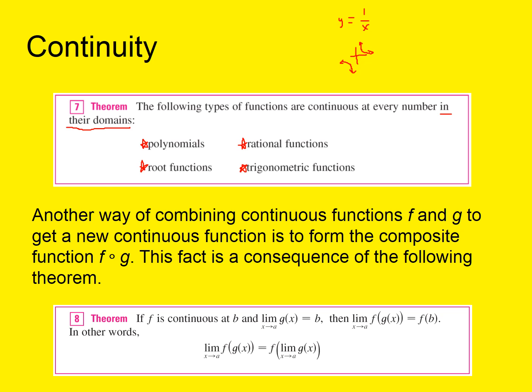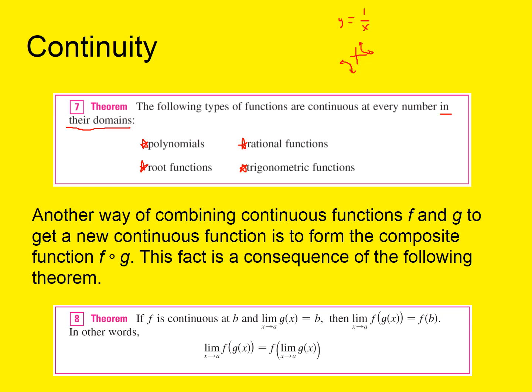Theorem 8. If f is continuous at b, and the limit as x approaches a of g of x equals b, then the limit of the composition f with g equals f of b. So f is continuous at b, and the limit as x approaches a of g of x equals b.